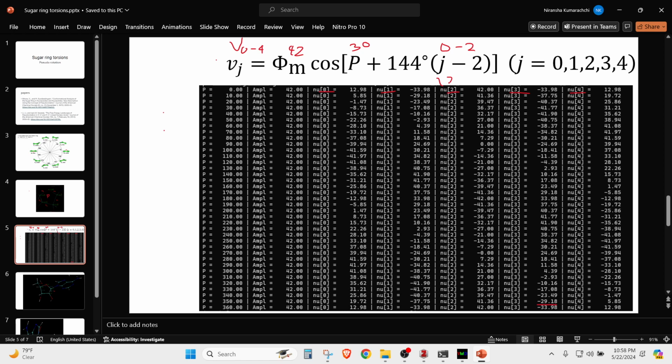Alright, what is the next one? C4. C4 is 120. C4 endo. This is C4 endo, right?